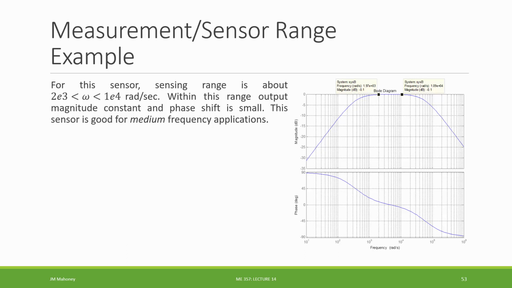However, if we're trying to sense a quantity that is oscillating between 2,000 and 10,000 radians per second, our magnitude is flat, our phase is pretty close to 0, and our sensor is going to be reliable in this range. So for lack of a better term, this sensor is good for medium frequency applications, but more specifically, as long as we know the quantity we're measuring has a frequency between 2,000 and 10,000 radians per second, then this sensor would be a good use in that application.